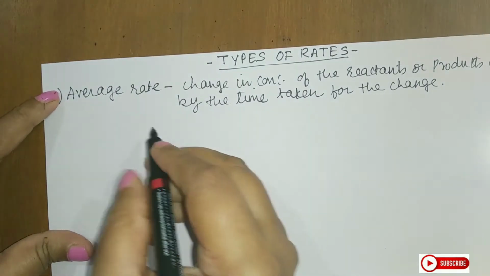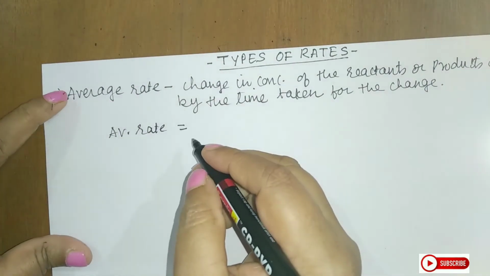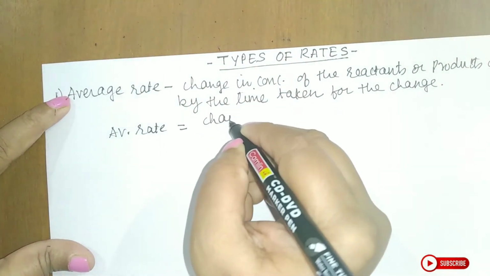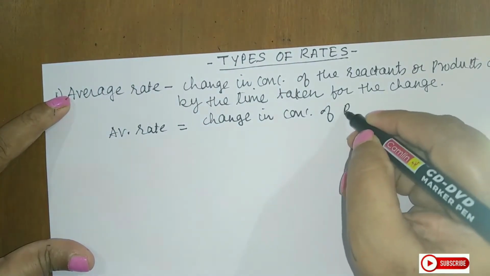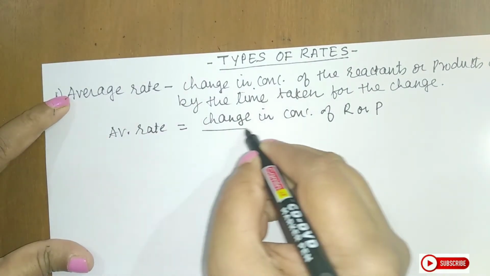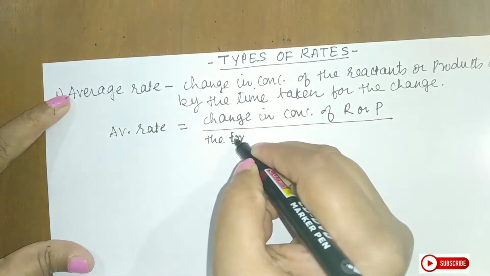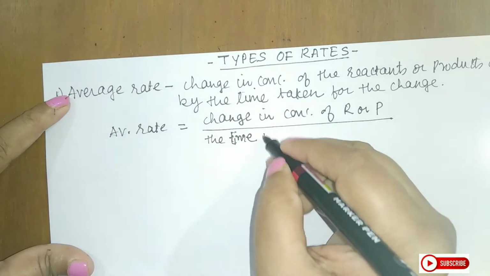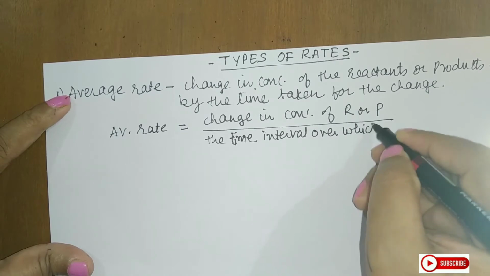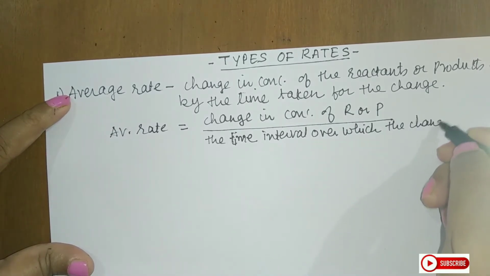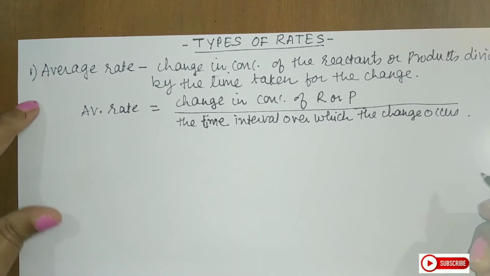So how I can write this is: average rate is equal to change in concentration of the reactants or products divided by the time interval over which the change occurs. So this is the formula for average rate.